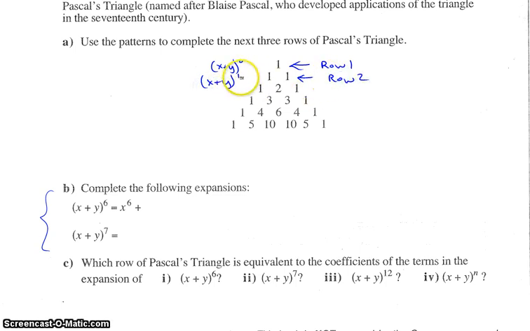So notice the row is basically one more than the exponent. If we look at an exponent of 6, that would correspond to row 7. For the exponent of 7, that would be row 8, etc. So in other words, this last one where the exponent's just n, it would be row n plus 1. Okay? All right, let's look at the next page.